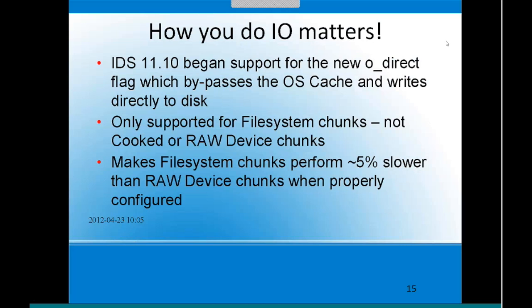And once you turn on Direct IO, or O_DIRECT, the performance of cooked files improves until it's about 5% slower than raw disk. So the big performance gain from raw is not there anymore. There is still a performance gain. It's just not as significant as it was in the past.